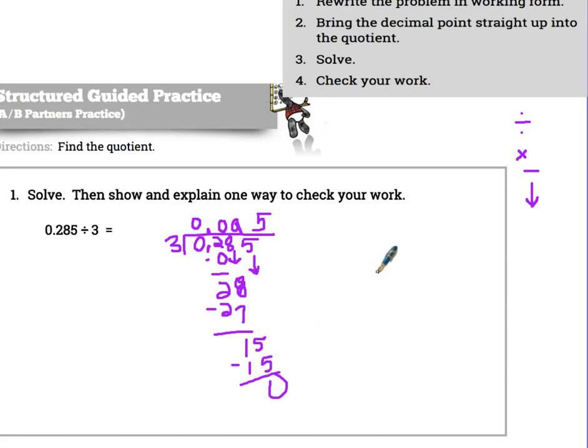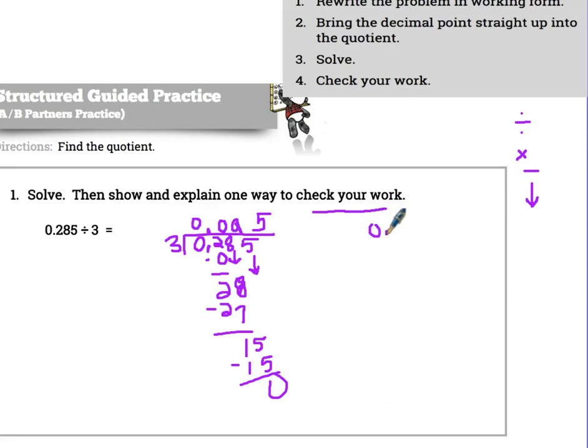Okay? And the other statement you have here is explain one way to check your work. Well, as we've talked about in class, if you want to check your division, you take your quotient and you multiply it by your divisor.